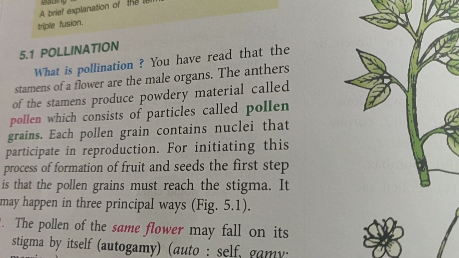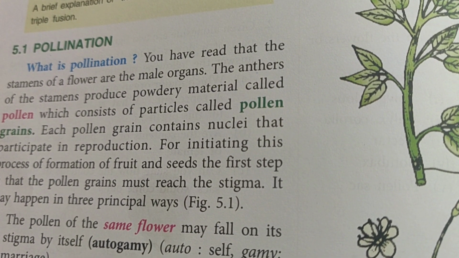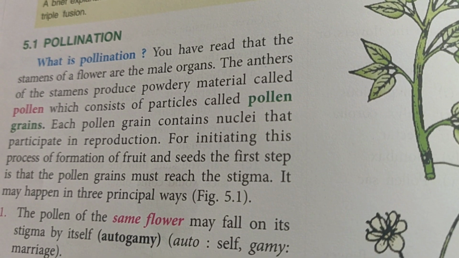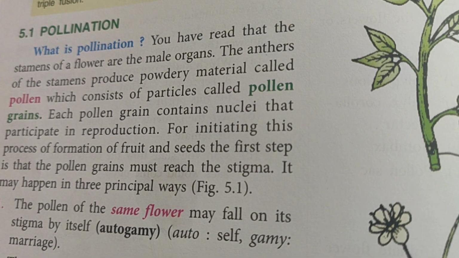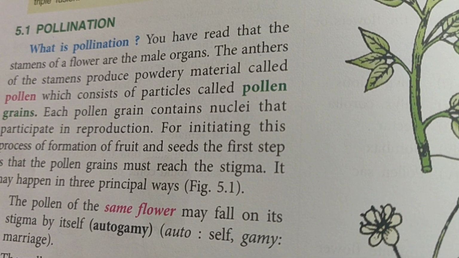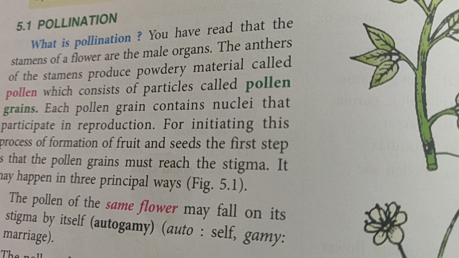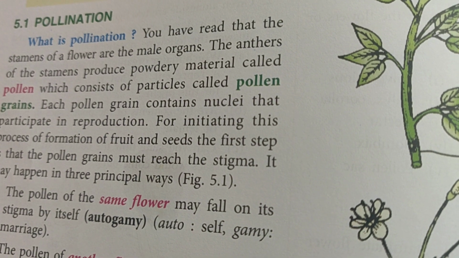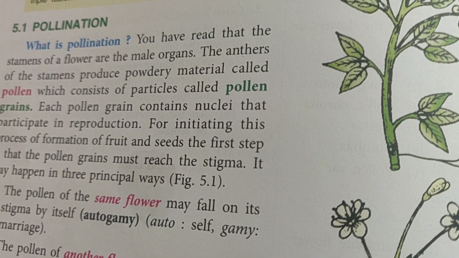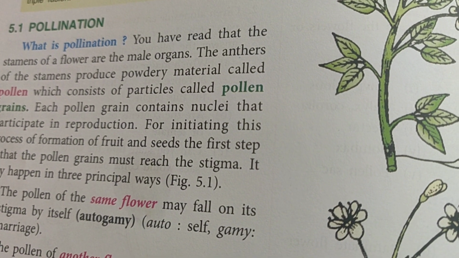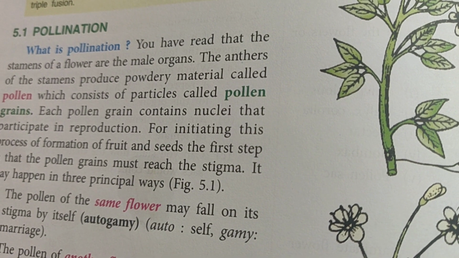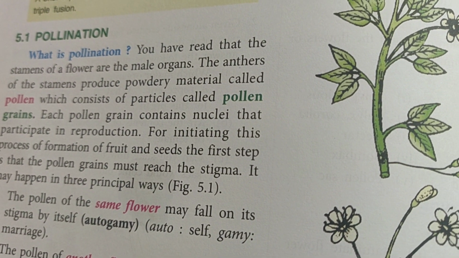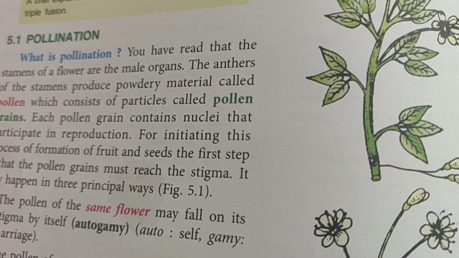Or to be more specific, if we talk about the male organ, one single male organ known as the stamen has a part known as anther, which consists of pollen, or rather pollen grains. These pollen grains and the stigma of the female part pistil participate in pollination.